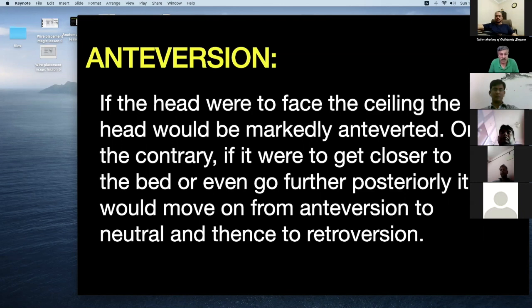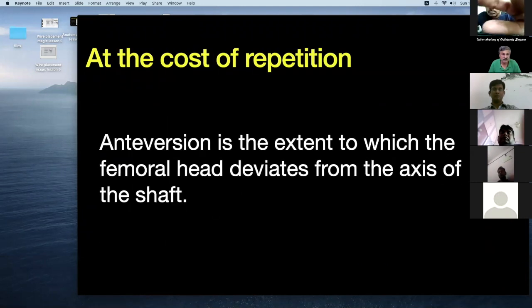If the femoral head and the medial femoral condyle face the very same level of direction, then it will be a zero version, which is already retroverted as compared to normal anatomy, because in the hip, 15 degrees of anteversion is the normal.